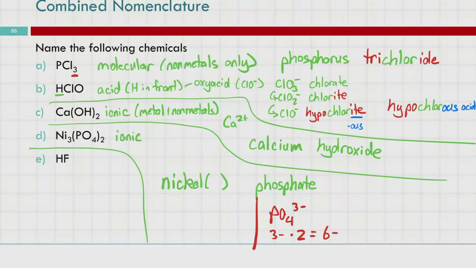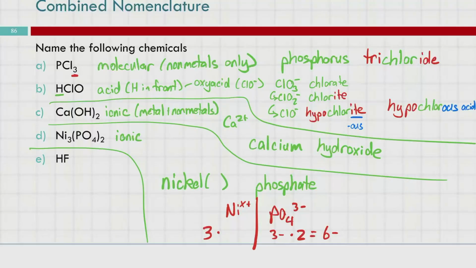Every ionic compound is going to have a neutral formula. We know also that it's neutral because it doesn't have a charge in the top right corner. So this whole thing is neutral. That means that the positive charge from the nickel must balance out, counteract the negative charge from the phosphate. So we've got nickel with some positive charge.